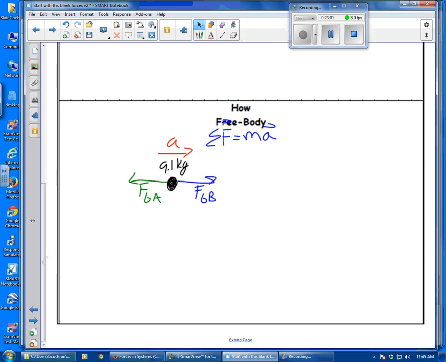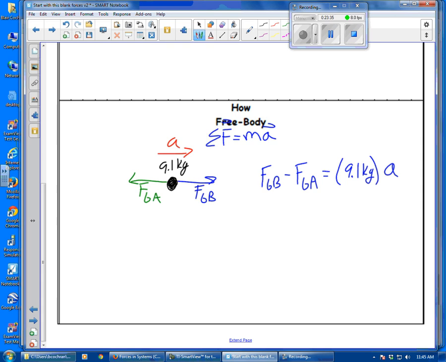And now that I've drawn my diagram, I can write my equation. We're going to call to the right positive. So I have FGB minus FGA equals my inertia, 9.1 kilograms, times A. Yes, because that's the inertia of the whole system together.